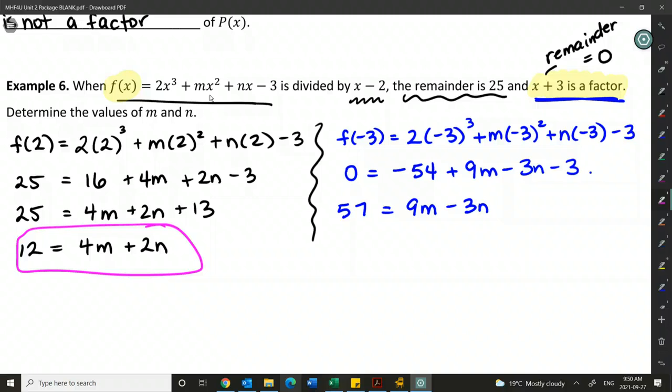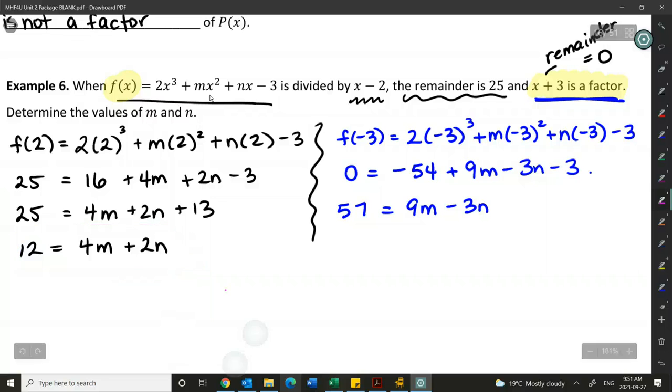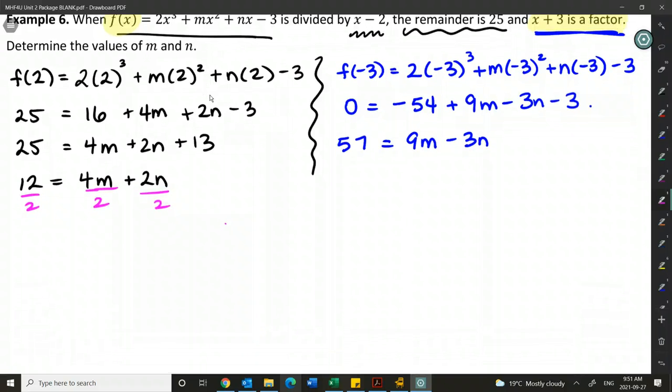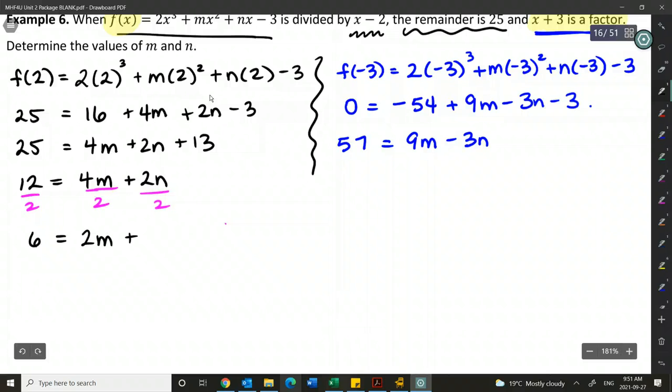But before we do substitution or elimination, I'm noticing that this first equation is all multiples of 2. This equation can remain equivalent as long as I divide every term by the same thing. So I'm just going to divide everything by 2 here. As long as I can do this to every part of the equation, that's a perfectly acceptable thing to do. So I'm going to get 6 equals 2m plus n.